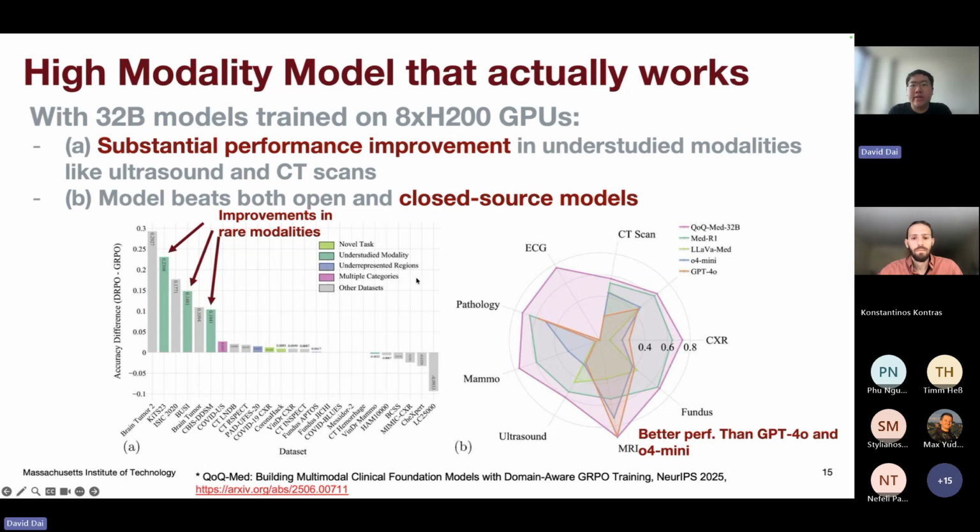You can see in the figure that the model's performance on ultrasound and CT scans is much better than the model trained with vanilla DRPO. We also see that the 32 billion parameter variant performs much better than closed-source commercial models like GPT-4o and o4-mini, as well as open-source specialized models like MED-R1 and LLaVA-Med.